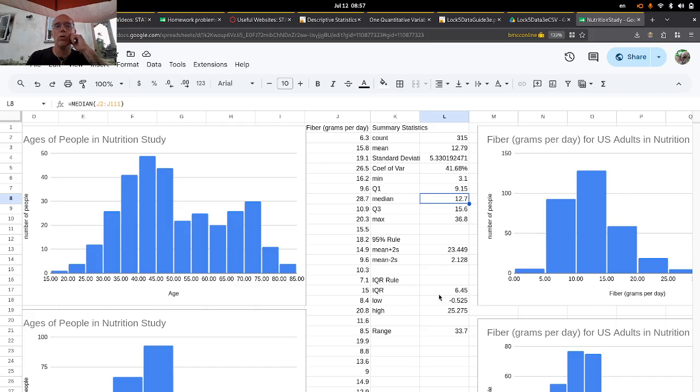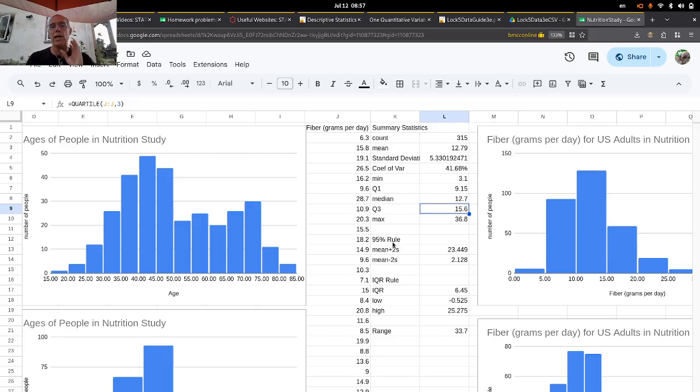And I hope in your homework you're using a spreadsheet like this to do some of the calculations. We never, ever do standard deviation by hand. That's foolishness. Use a calculator like a spreadsheet or StatKey or StatApplet. Similarly, quartiles are a pain to do without a calculator. We should use technology to do those, especially given large data sets.